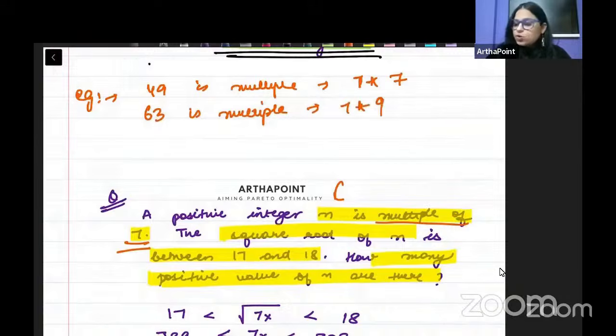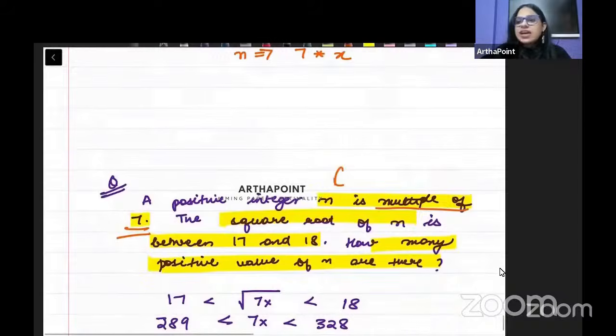So if a number is a multiple of 7, you can write that number as 7 times some number x. So whenever a number is a multiple of some number, you can write it as 7 times that number or 8 times that number, whichever का multiple है.